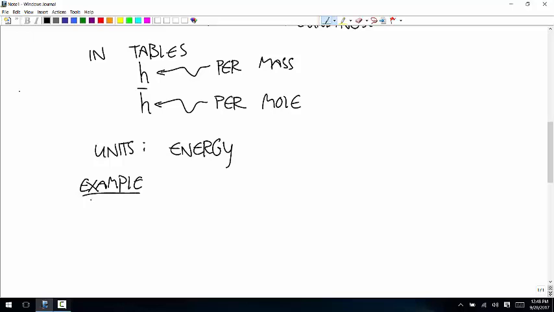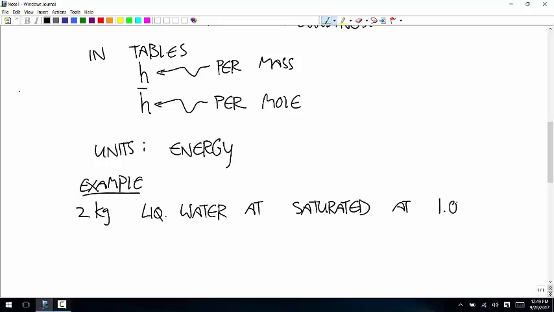Enthalpy is given in tables, but it doesn't have to be because all the other stuff is given in tables. So, for example, let's say you have 2 kilograms of liquid water at the saturation temperature at 1 bar of pressure.